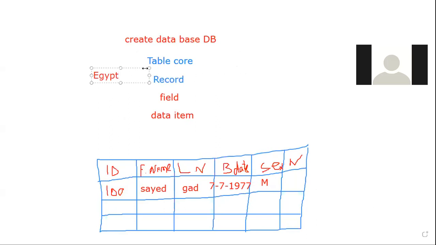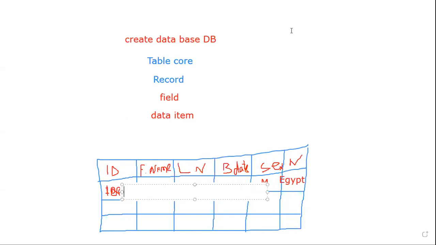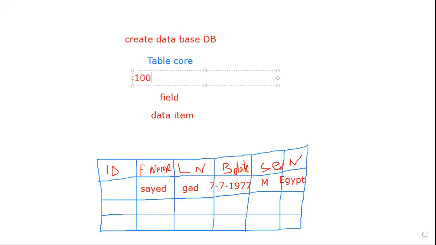Good. So another thing, I will make it for 100 like this one. So I will put it here instead of this one. Let me erase this one. Good. I will make it 100, like this one.